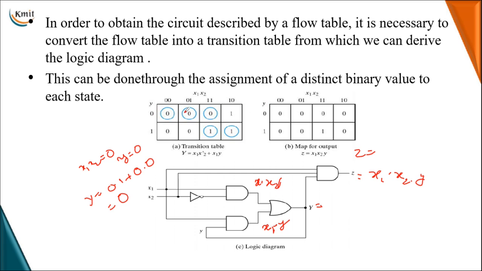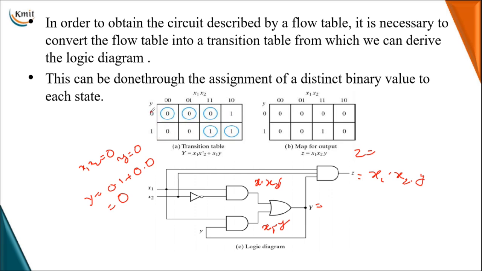So like this, all the values are substituted, and with the present state of your circuit along with the inputs, we can obtain the next states. So for 0 0 you obtained a 0 as your next state; for x1 x2 as 1 1 with the present state of 0, the next state is also 0; for 1 0, you obtain your 1.